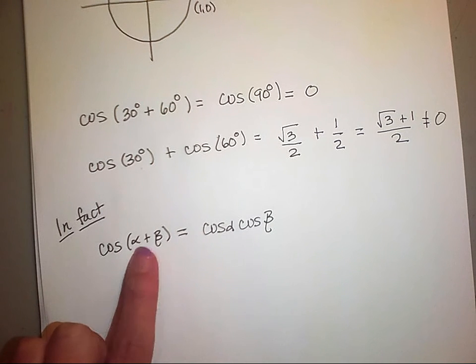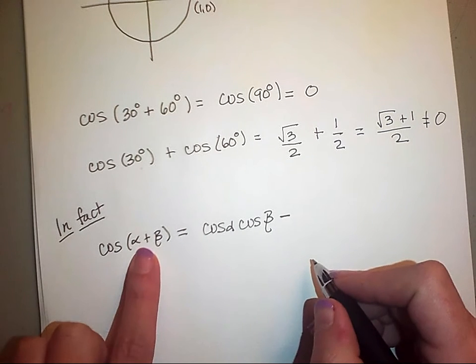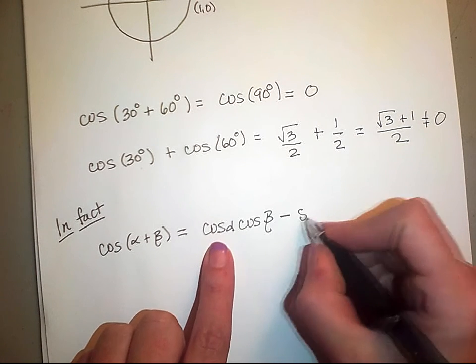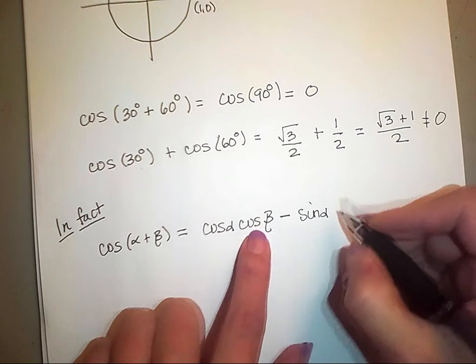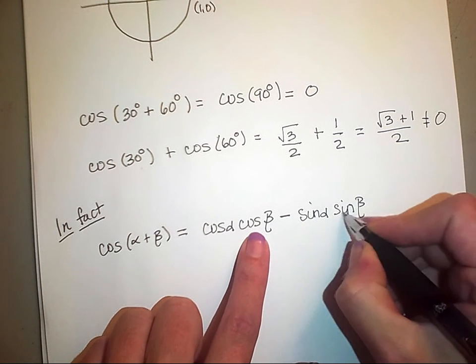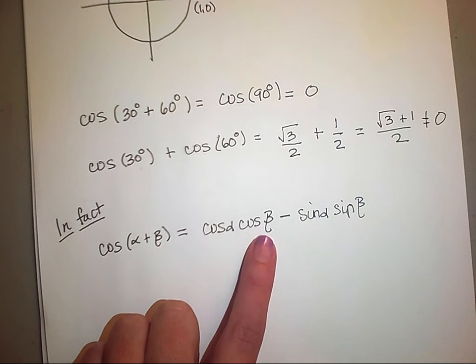Now I'm dealing with the cosine, so I will not take the same sign, so it's subtraction. And then we'll take the cofunction. So the cofunction of cosine is sine of alpha and sine of beta. So this is the first.